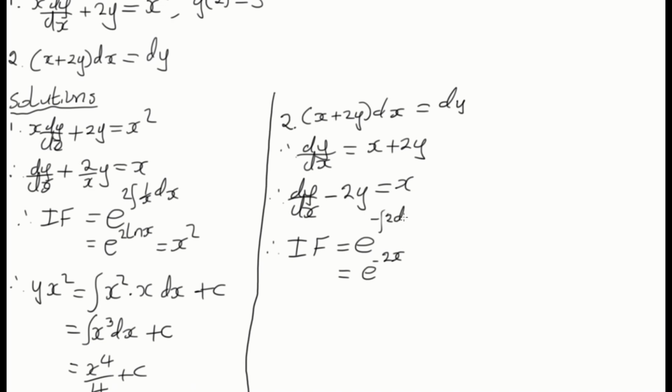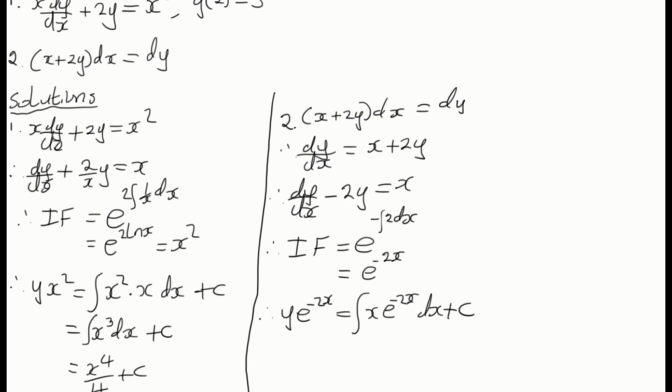Once you have the integrating factor, then you multiply your y with e to the minus 2x. Then what is the q of x? It's x multiplied by e raised to minus 2x dx plus a c. Then we have to perform this integral.